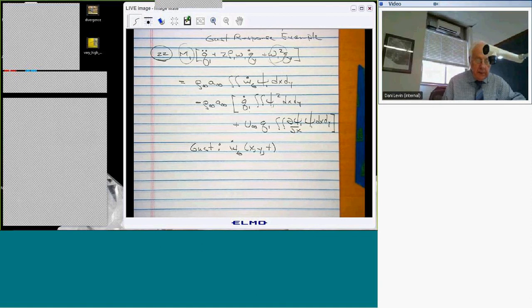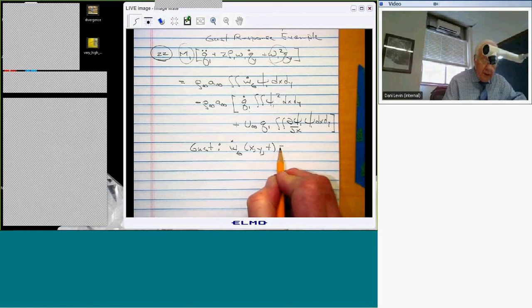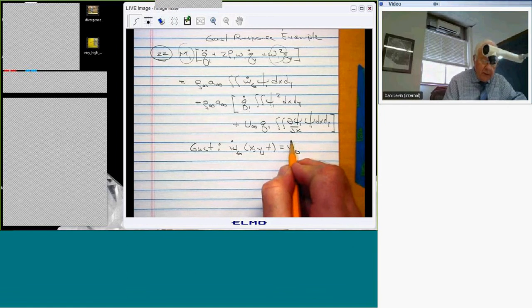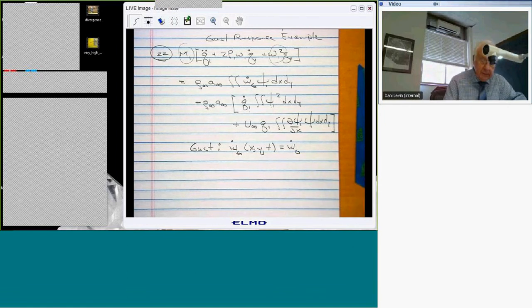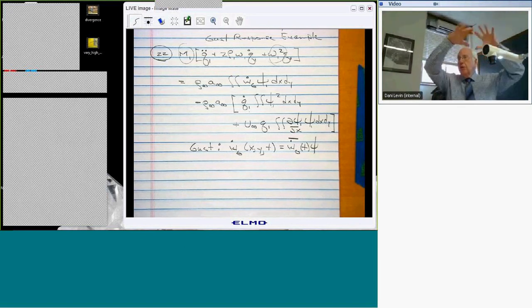And I would suggest we model that by some function of time times some shape function. This is not a mode shape. This is the shape, the spatial distribution of the gust, right?